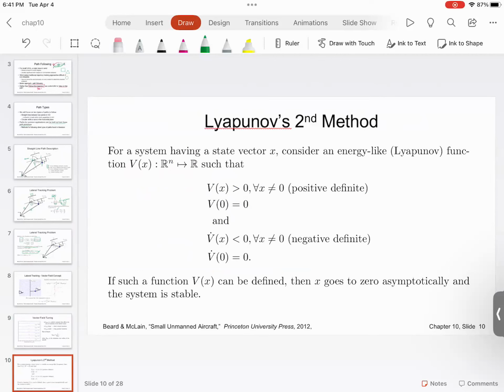Now, again, we talked about it, and I don't want to emphasize less on this, but Lyapunov's method can be used for a lot of applications. The reason Lyapunov's method can be used is because energy principles are very fundamental to the functioning of the universe.